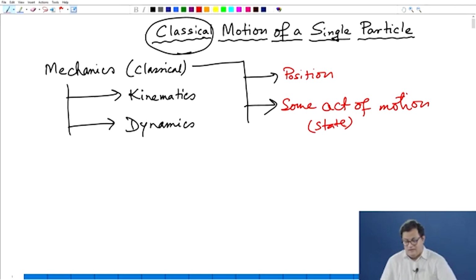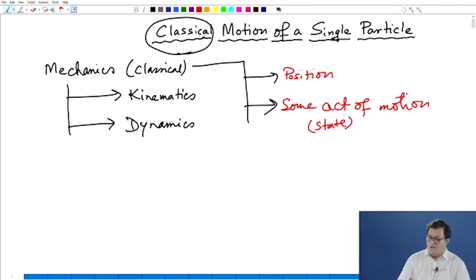Now, whenever we are trying to say, at a given time instant, where the particle is situated and whether the particle has any inclination to move further or to change the state of its motion, for example, if it was at rest, it is now trying to move, or if it was moving, now it tries to be at rest, this type of thing.